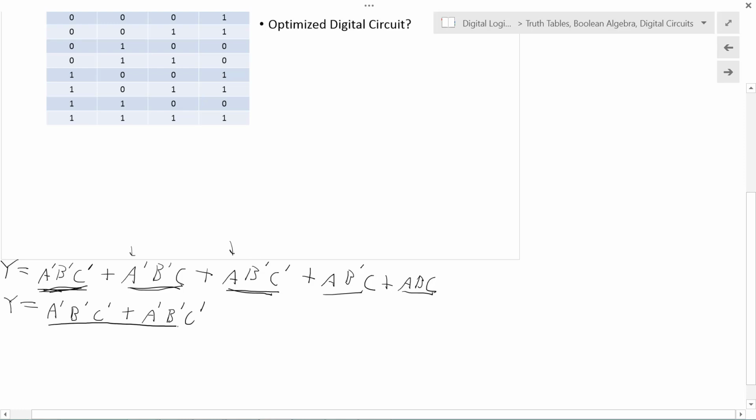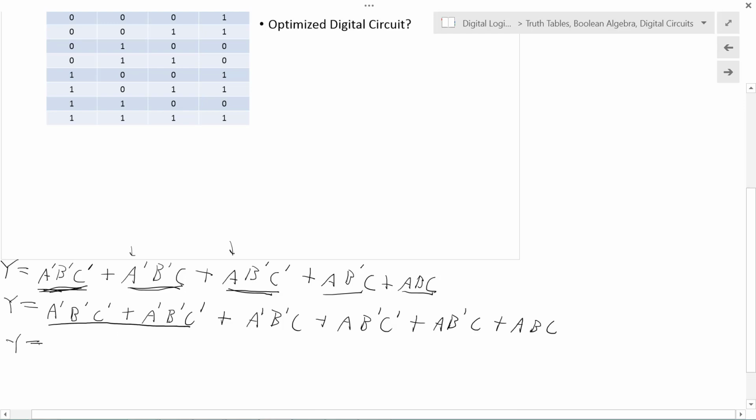We're just using idempotency to duplicate this. Now I'm copying the last four terms as follows. A prime, B prime, C, ORed with A, B prime, C prime, ORed with A, B prime, C, ORed with A, B, C.